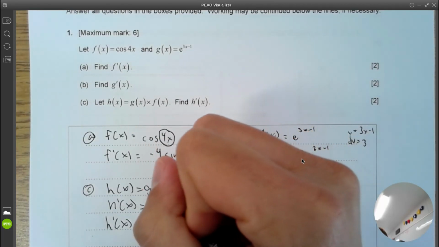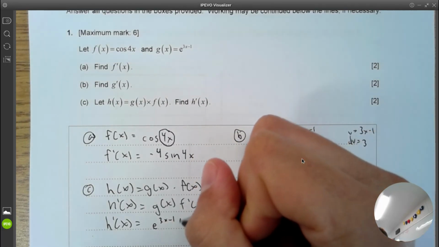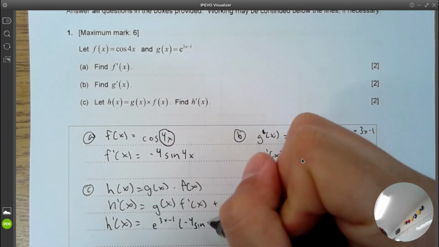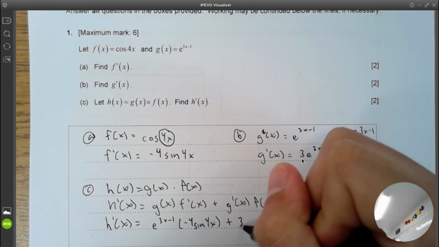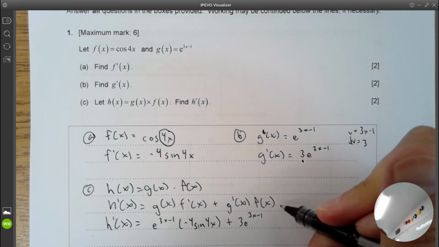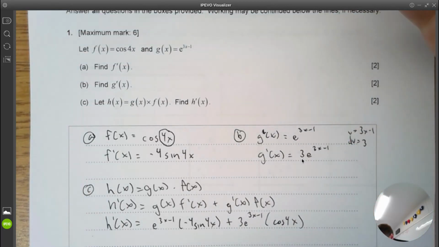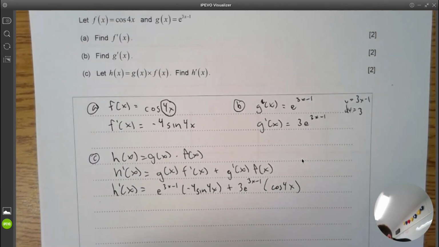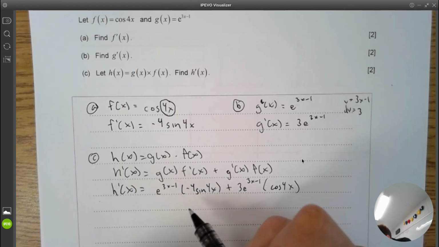So g of x is e to the 3x minus 1, f prime is negative 4 sine 4x, plus g prime, 3e to the 3x minus 1, and f is cosine 4x. I didn't really have to do anything new for this question. I've just been writing all these things in, and maybe tidying up could get me 1 extra mark, and it doesn't seem like it's going to take me that much to do, so I'll do that next.